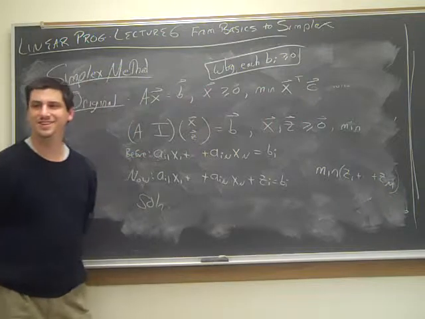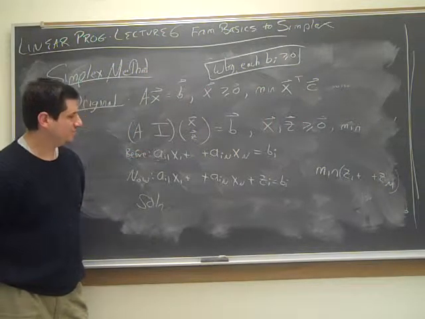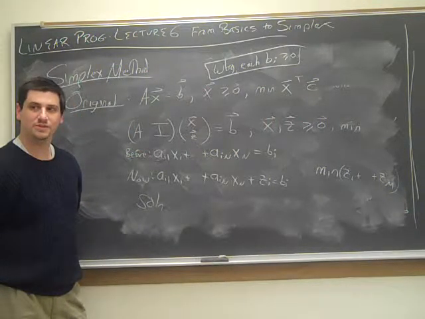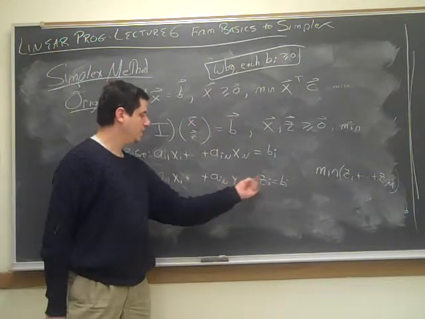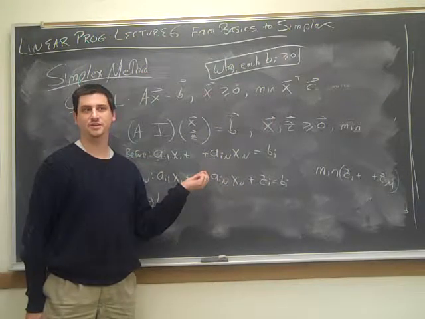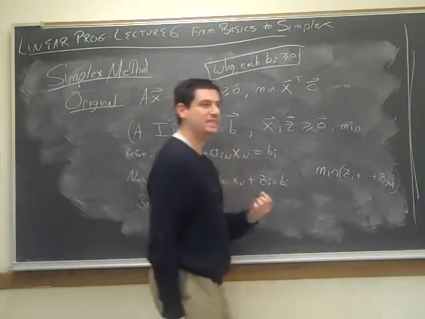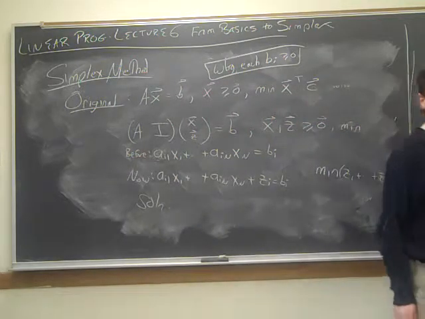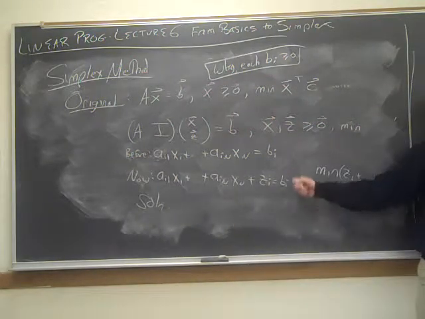Not z is 0, you just say Z is non-negative. Right, but if z is 0, then we're back to trying to solve the original problem. I claim there's a really easy choice of the x's and the z's that will solve this equation.